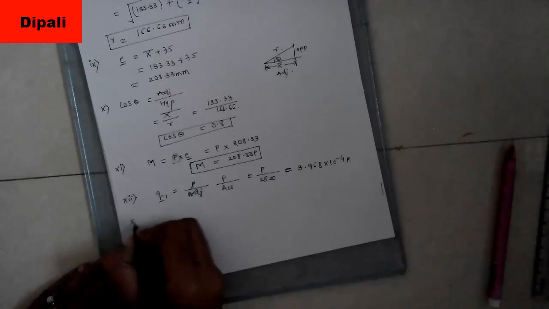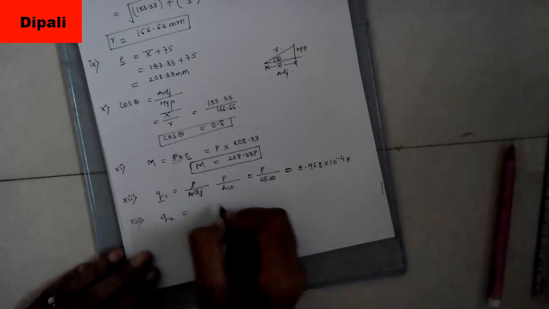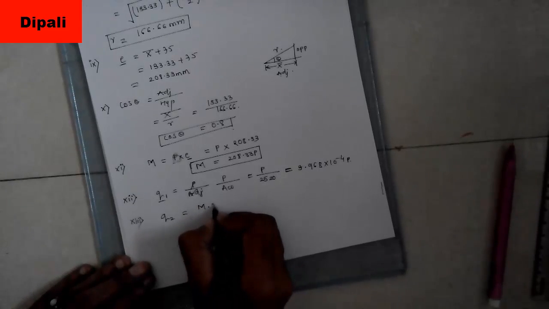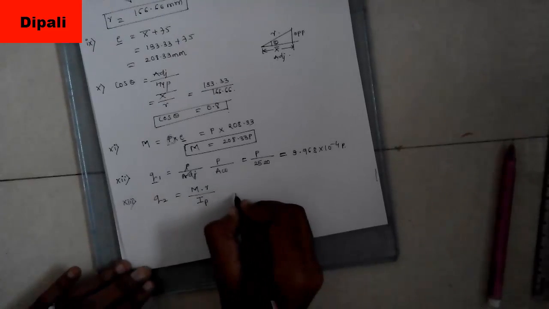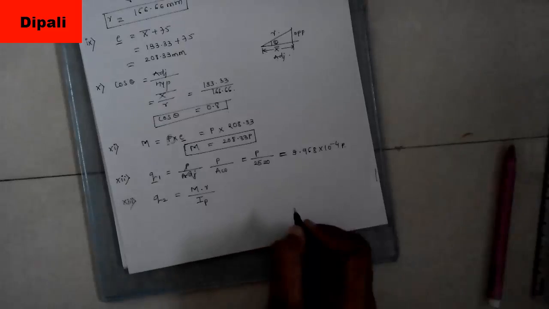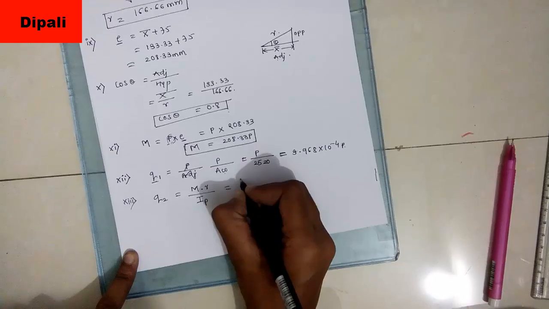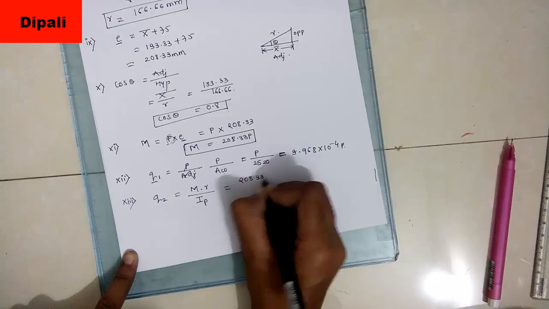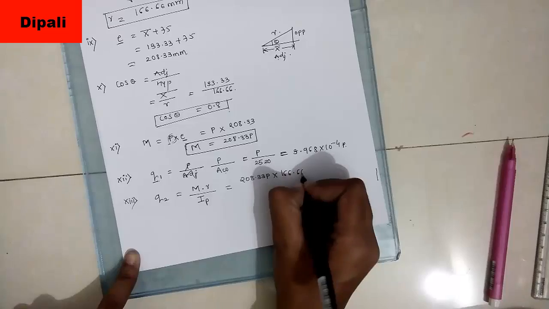After that the 13th step is q2, that is shear stress due to twisting moment, q2 equals to M into r upon IP. We know the value of moment, that is 208.33 into P. R equals to 166.66.